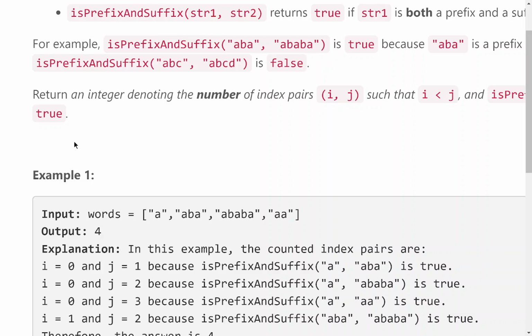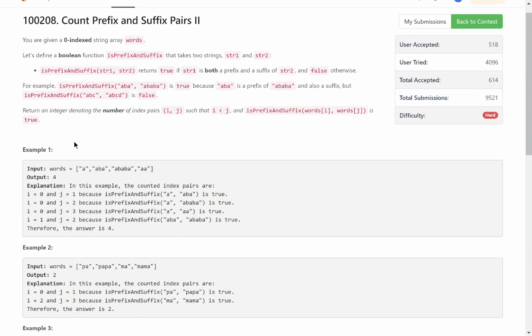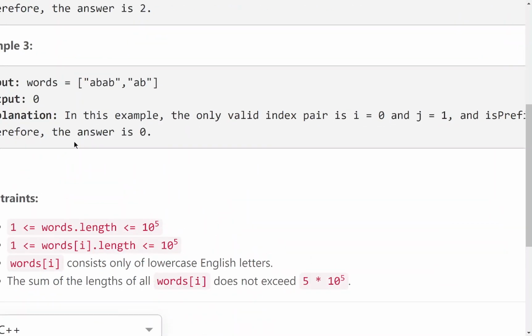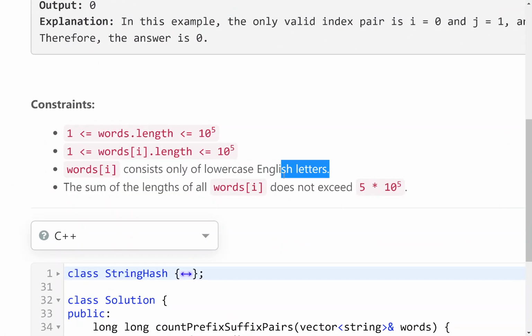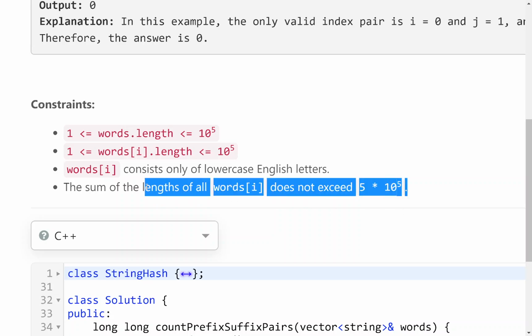Let us try to see something else. By the way, there is one more constraint. You see, the sum of lengths of words[i] does not exceed 5 times 10 raised to the power 5.